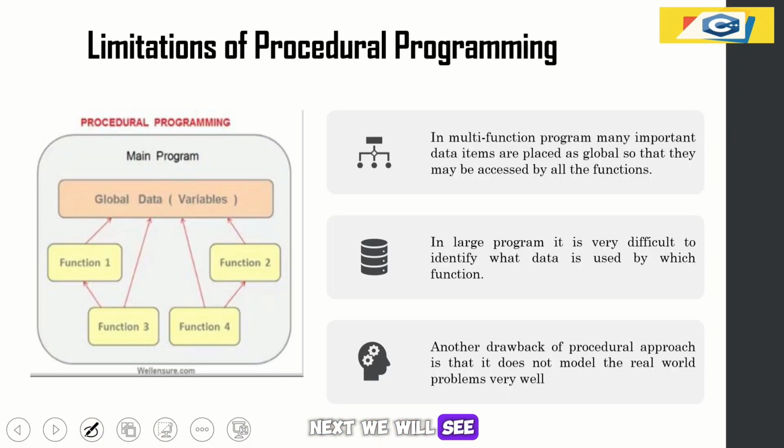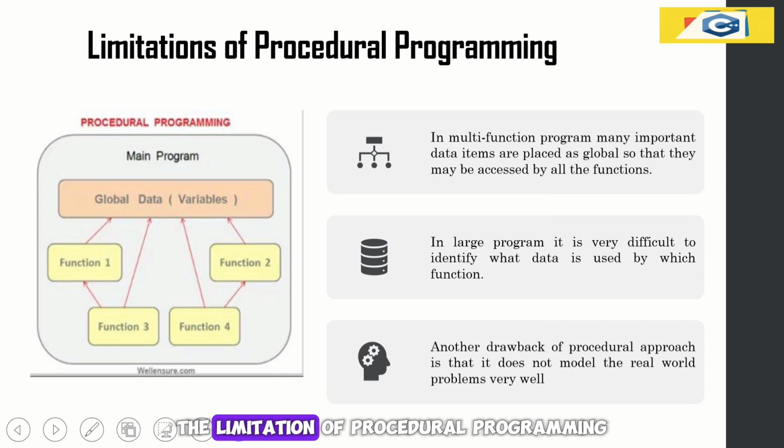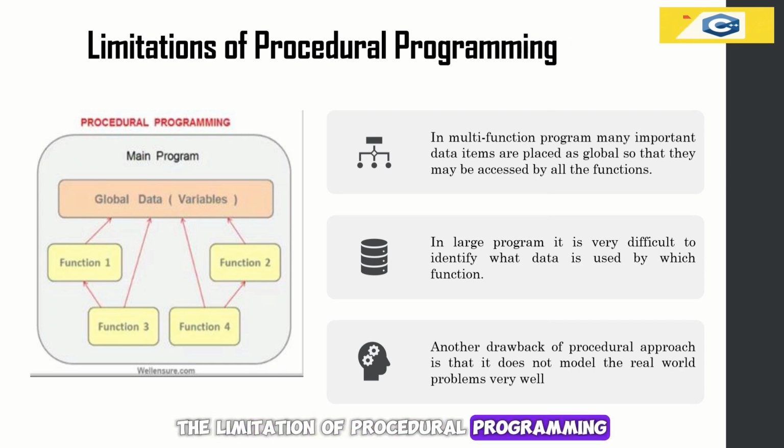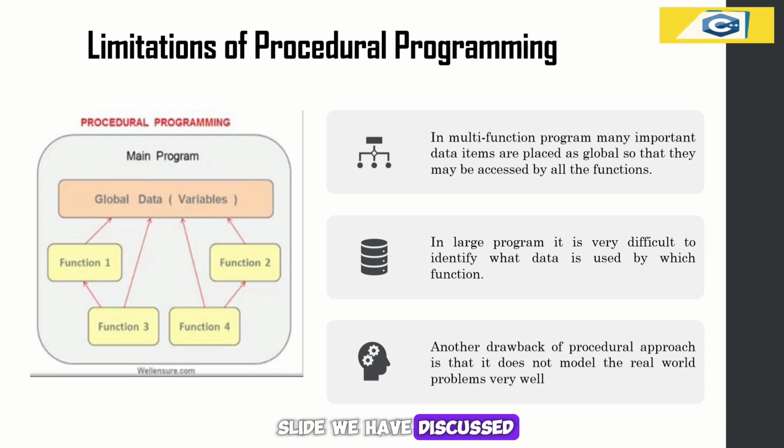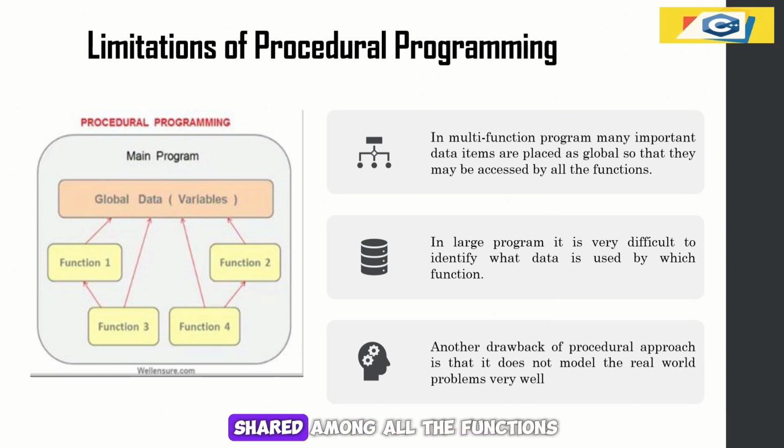Next we will see the limitation of procedural programming. In the last slide we discussed global data. The main limitation of procedure oriented programming is that global data is shared among all the functions.